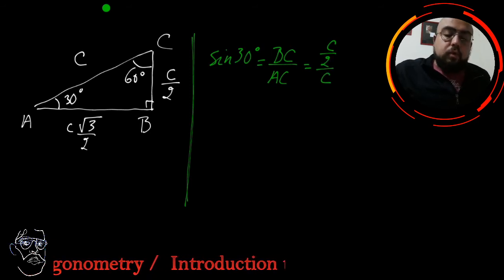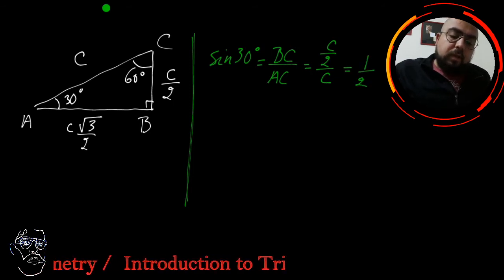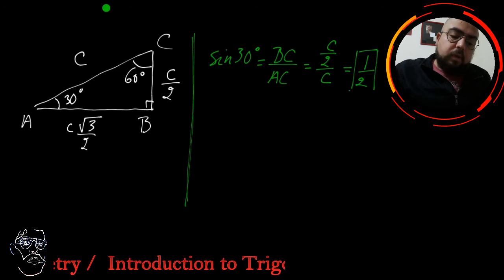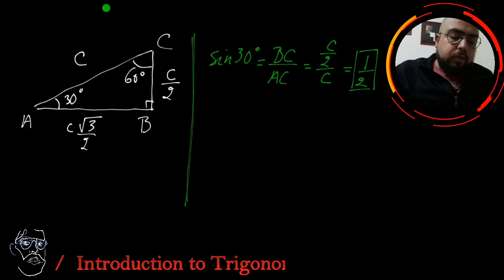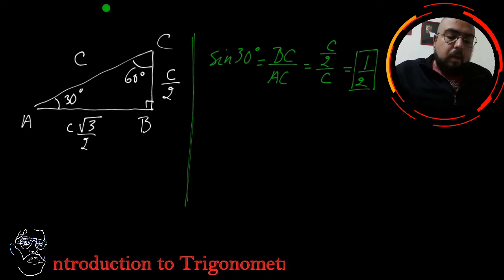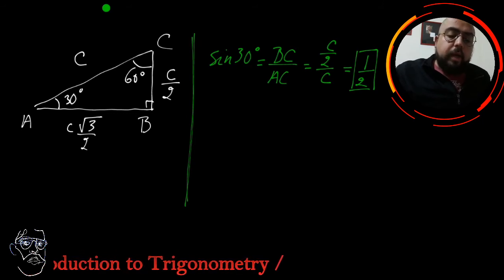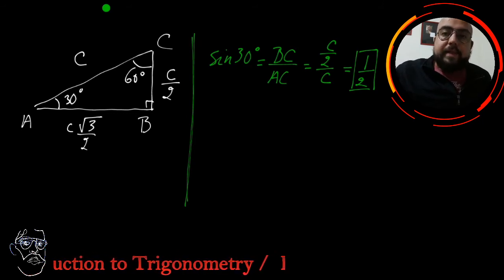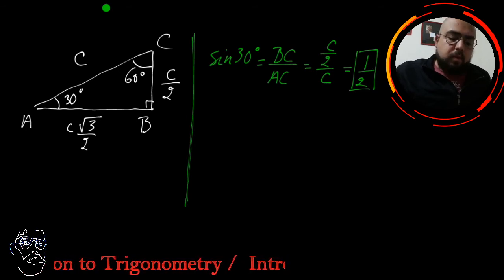So C over 2 over AC, which is C, will give me simply 1 over 2. And this is how you find the sine of 30 degrees. You don't have to memorize. Once you have this triangle in front of you, you simply check the ratios, and you will be able to find the exact value of sine 30, cosine 30, etc.